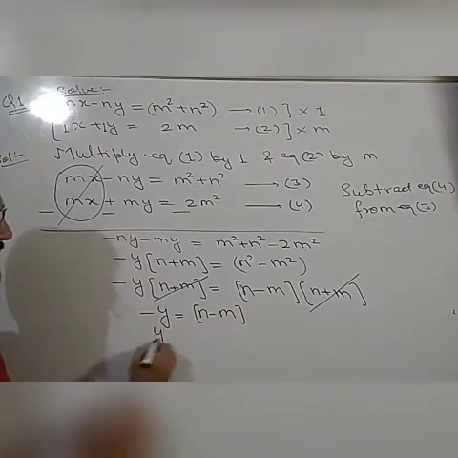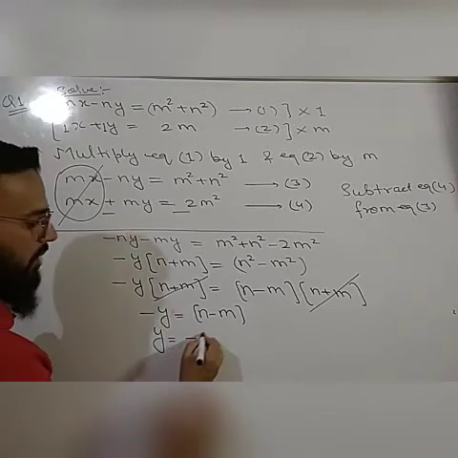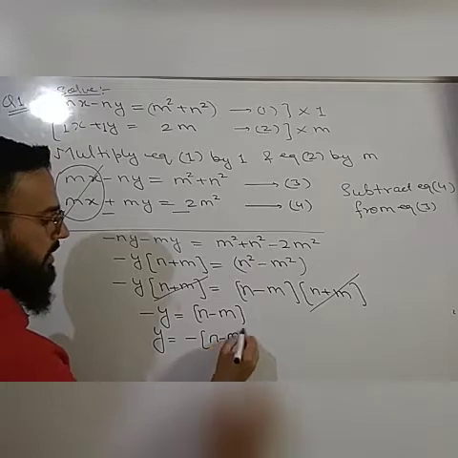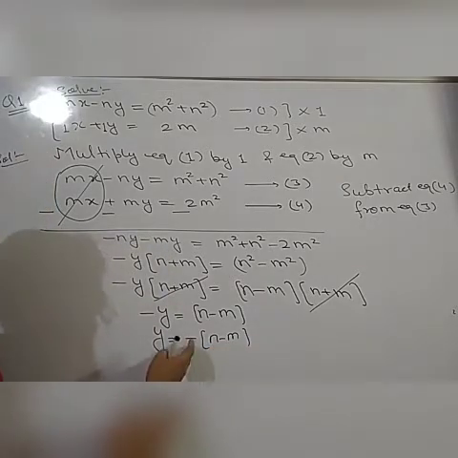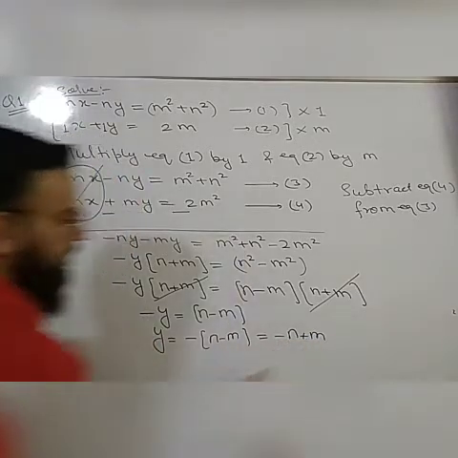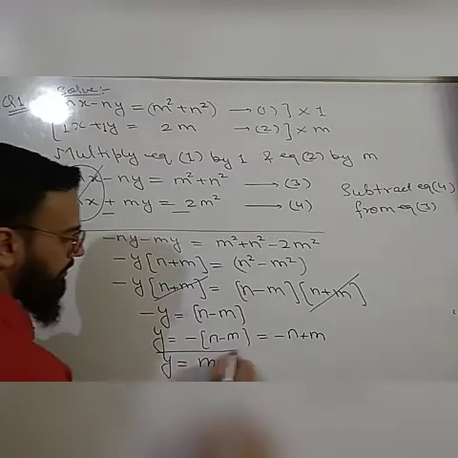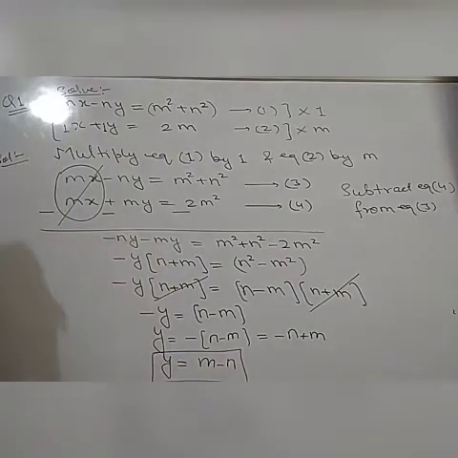Or we can write it as y is equal to, taking this minus sign to the RHS, minus n minus m. If we open the bracket, then it will convert to minus n plus m. So we can write it as y is equal to m minus n.